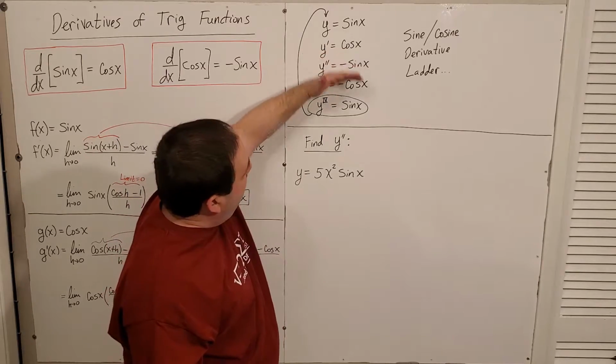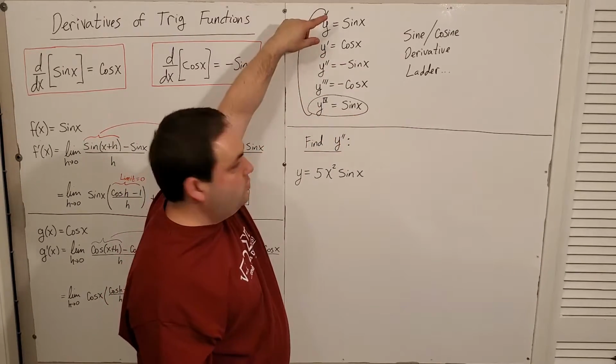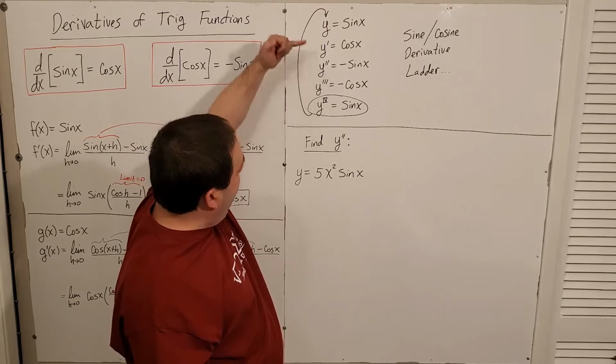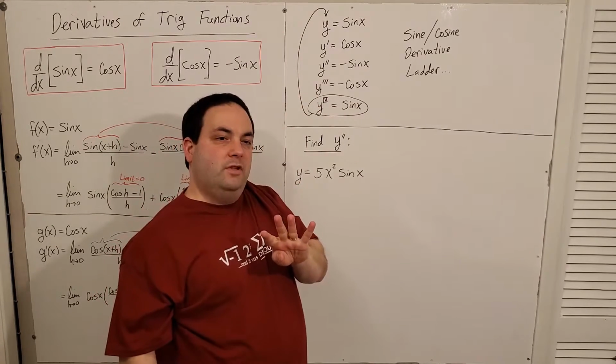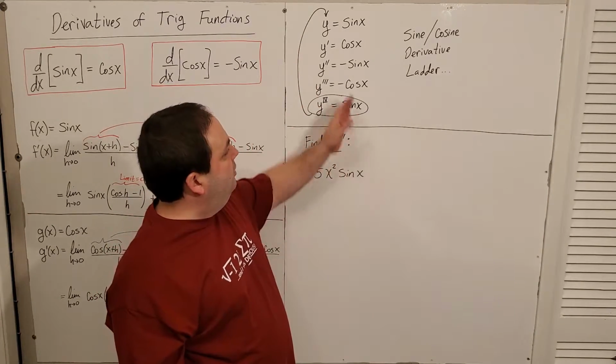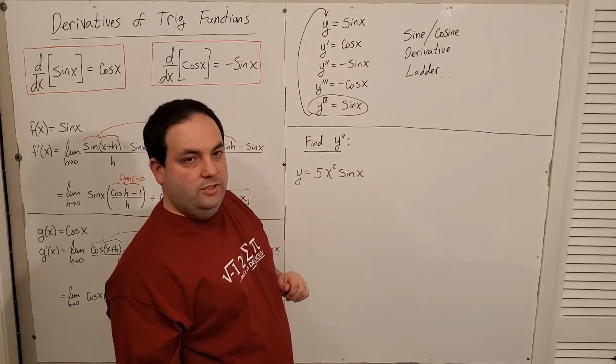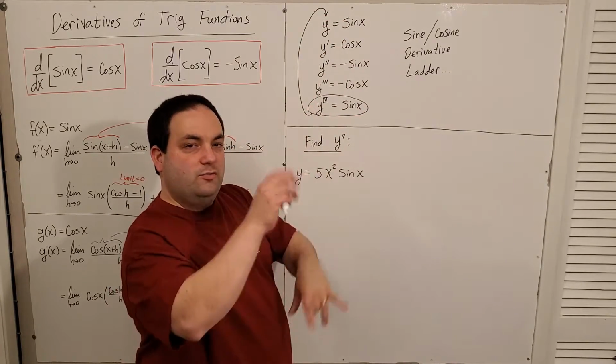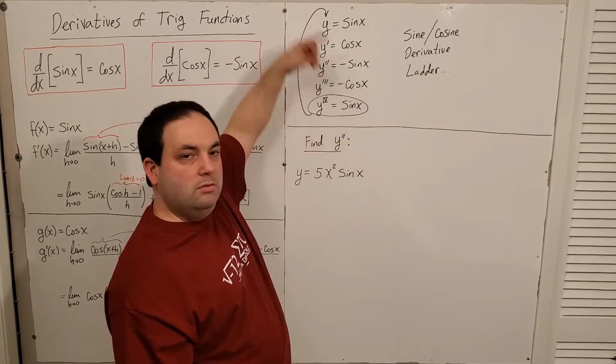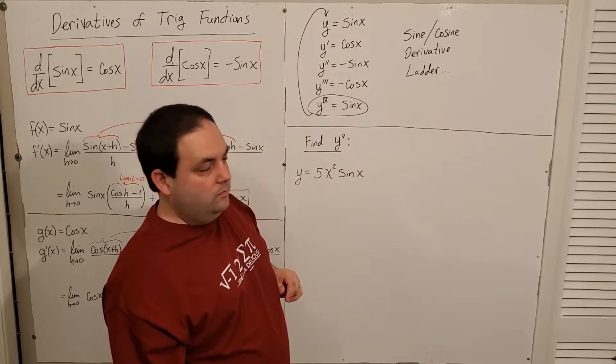And notice I get back to sine x, which is where we started. So by the time you've done 4 derivatives, you've gotten back to where you started with these trig functions. That's why I call it the ladder. It's just repeating the same 4 steps over and over again.